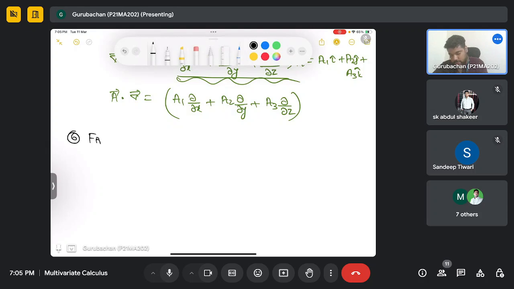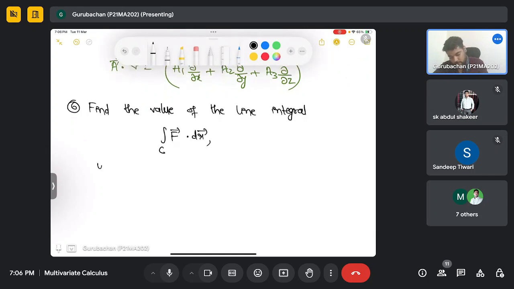So find the value of the line integral of f dot dr over c.